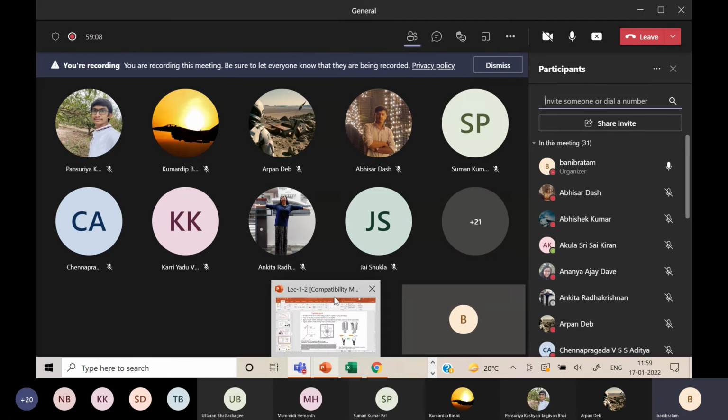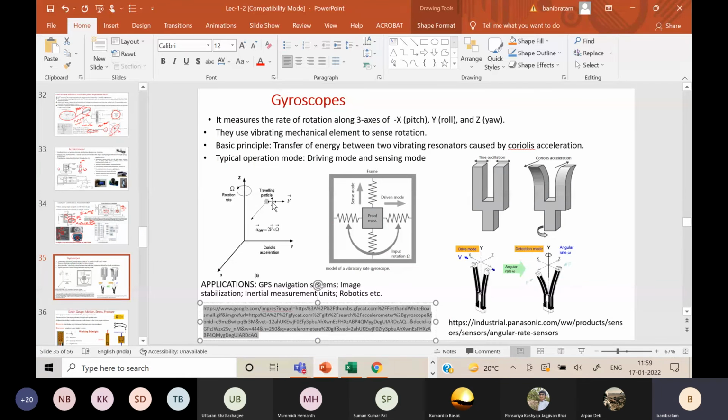It has been found that the force is proportional to v cross omega, and the proportionality constant is found to be 2. That is because of the Coriolis nature itself. If you look at the Coriolis expression, it is written that it is proportional to v cross omega, and that proportionality factor has been found to be 2.